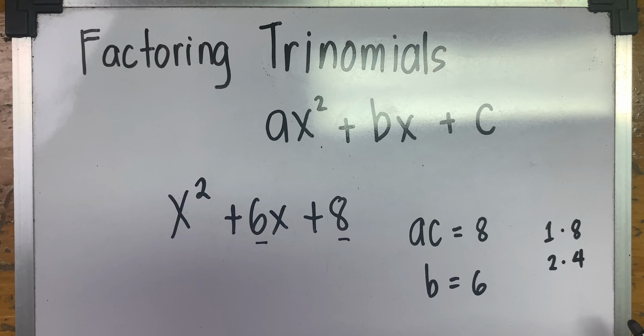By the way, you have to look for the signs of the terms in the trinomial. First, we have to look for the signs of the last term. In this case, we have positive 8, and the sign of the middle term, which is positive 6. So therefore, we have to look for two numbers whose signs are both positive.